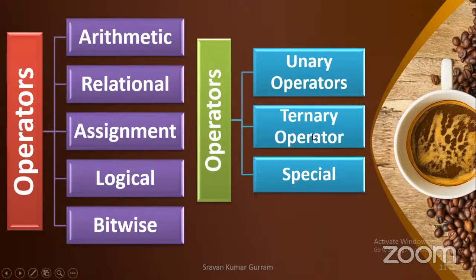And we have the ternary operator or conditional operator. And apart from all these, we have some special operators like comma operator, semicolon operator, and so on. In the next session, we will see the complete operators concept with examples, from arithmetic to special operators.